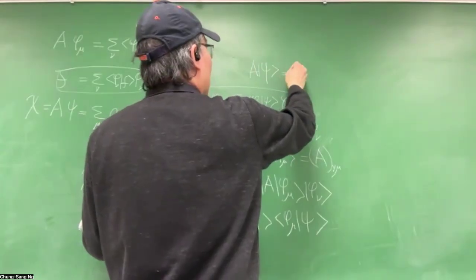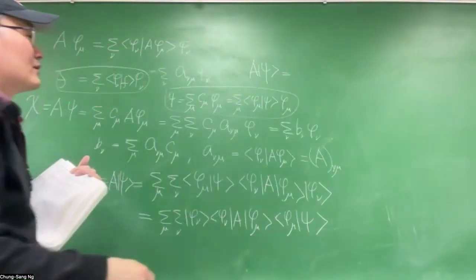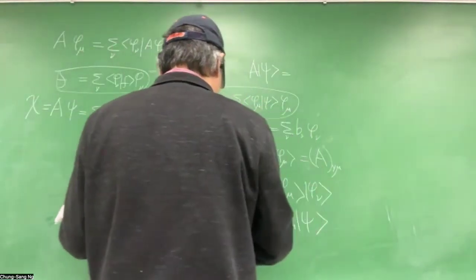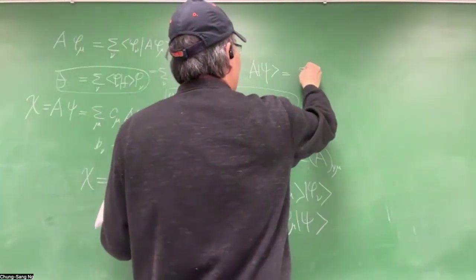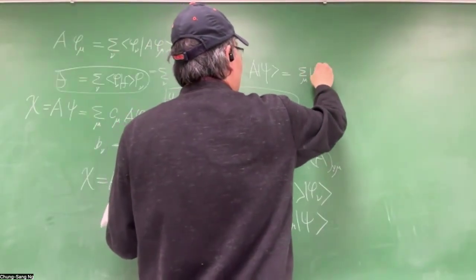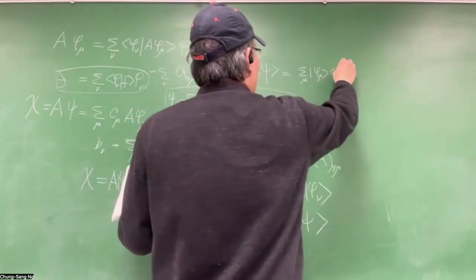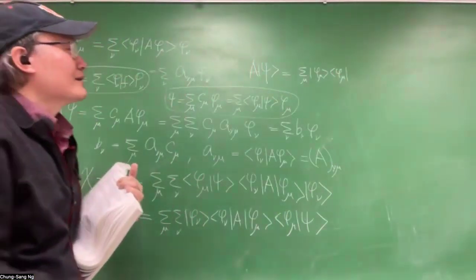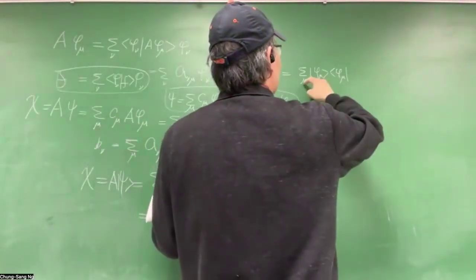All you need to do is insert the identity, insert one in front of A: the sum over mu of phi mu, phi mu, that's one in Dirac notation.